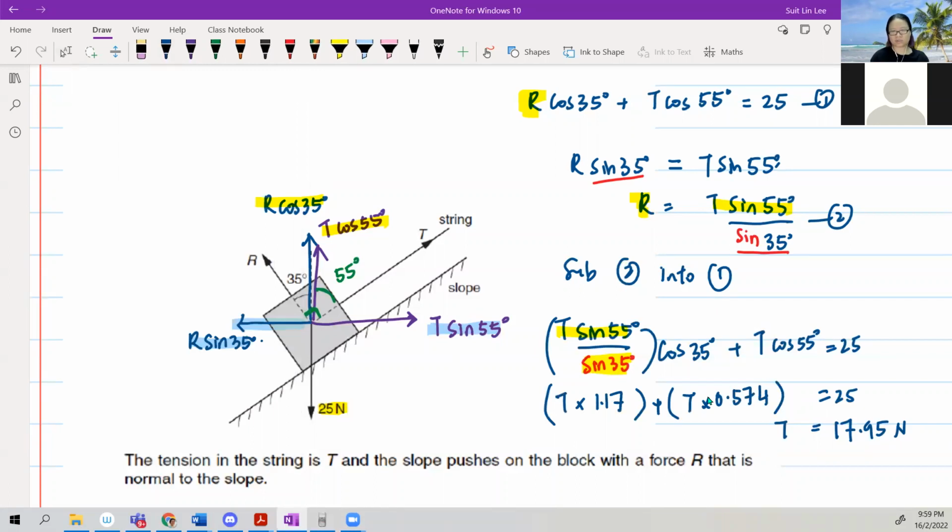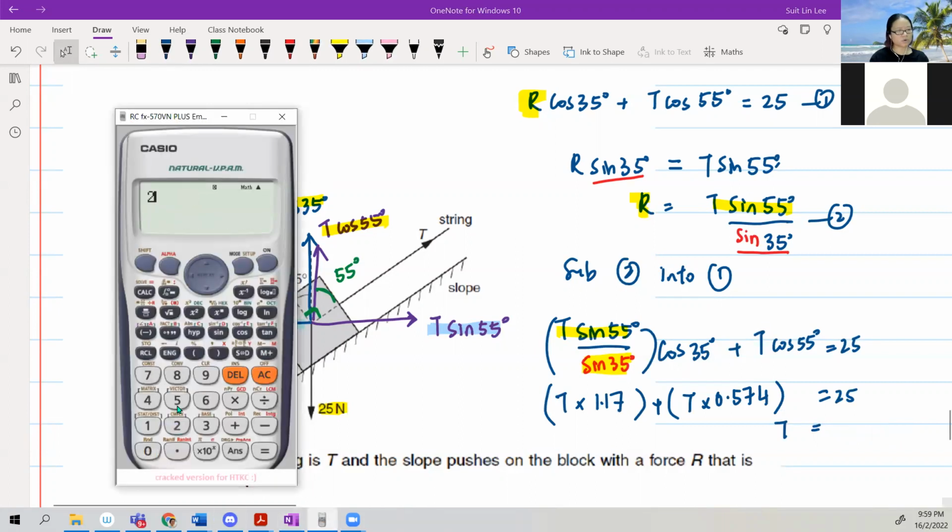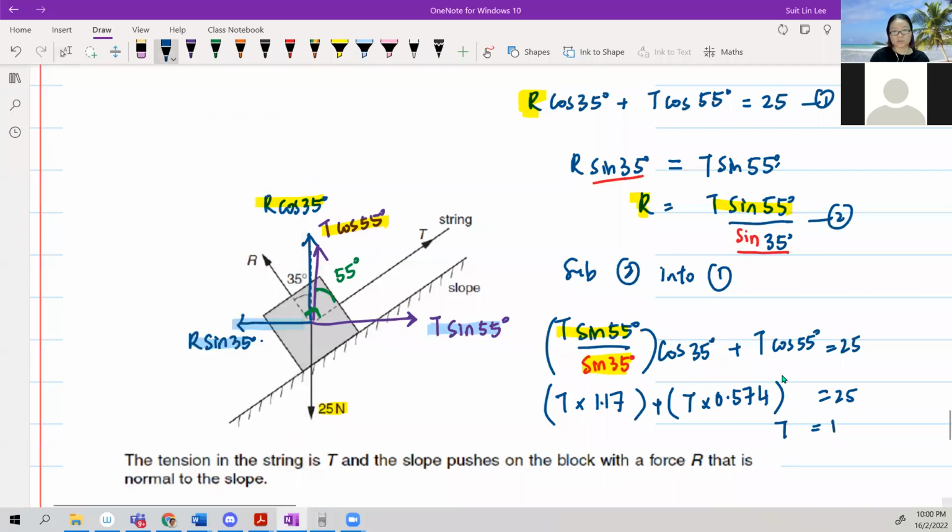Okay, so I will have 25 divided by 1.17 plus 0.574. 14.3.